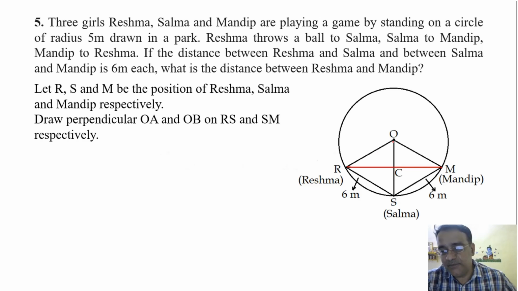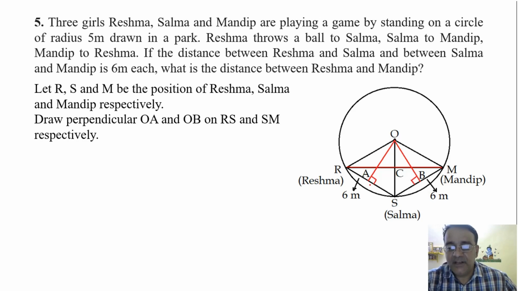Now we will draw one perpendicular from O to RS and O to SM. See, first we drew OA perpendicular, then OB. Right? Now we know that a perpendicular drawn from the center to a chord bisects the chord. So what is AR? 3 meter. Right.